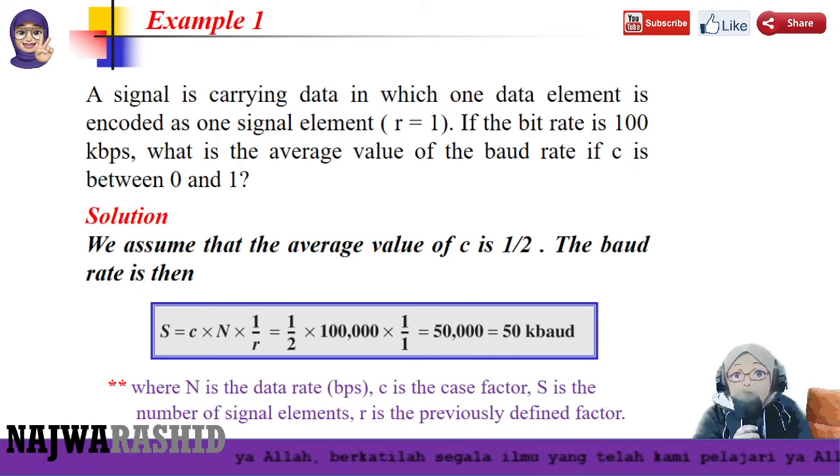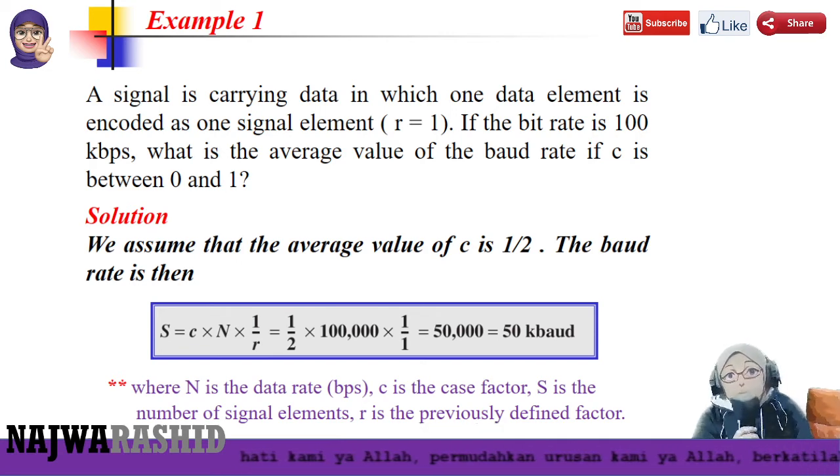So we need to calculate the baud rate or the signal rate. And then c is given between 0 and 1. So between 0 and 1 is 0.5 or 1 over 2.